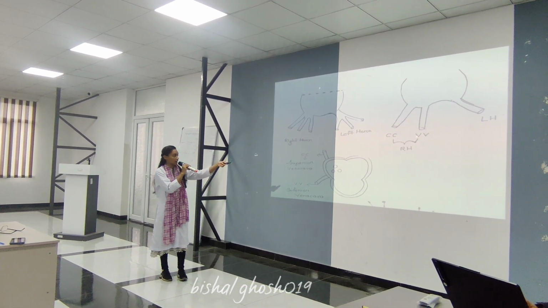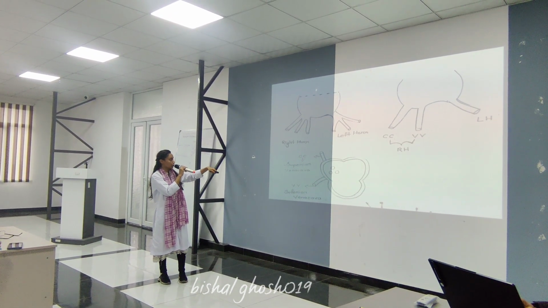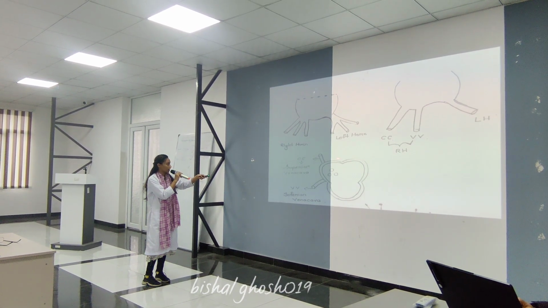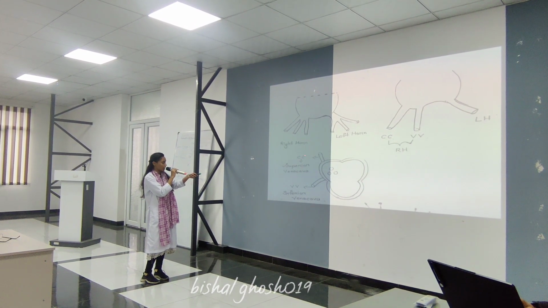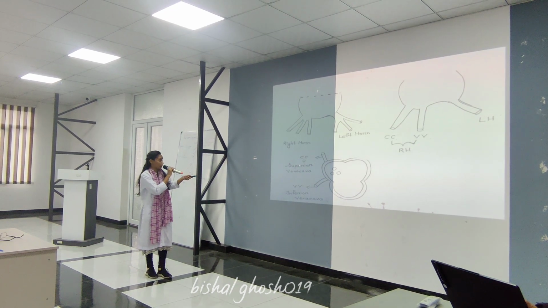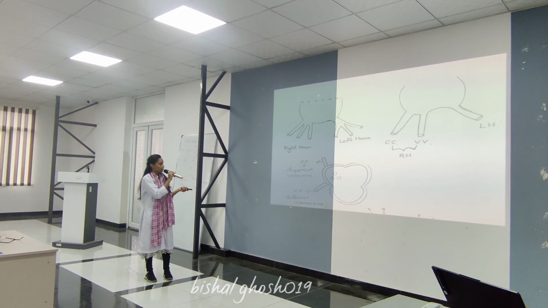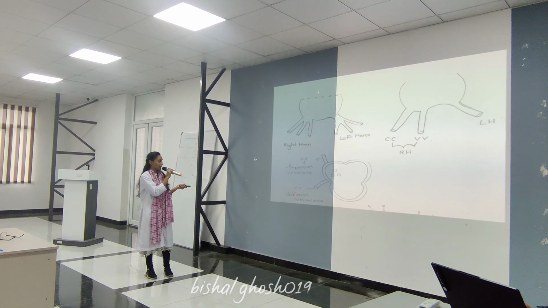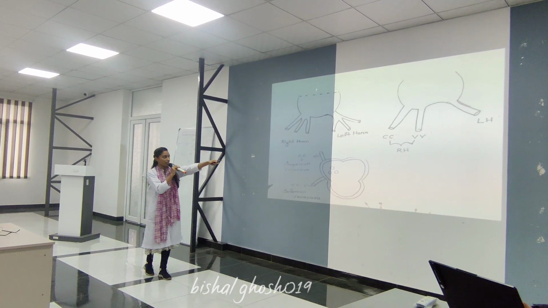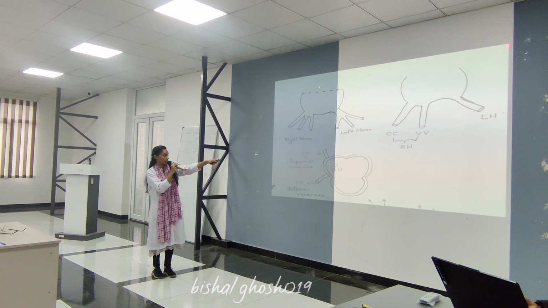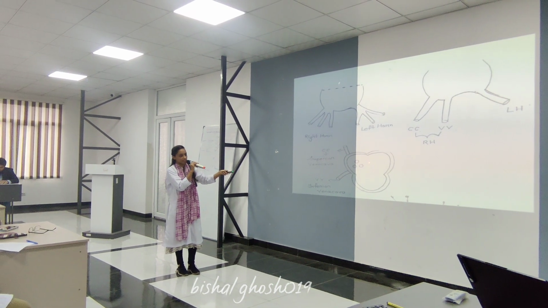This common cardinal and vitelline vein will move, and the common cardinal vein is going to become the superior vena cava, and the vitelline vein is going to become the inferior vena cava. But where is the left horn? This left horn is going to become the coronary sinus.